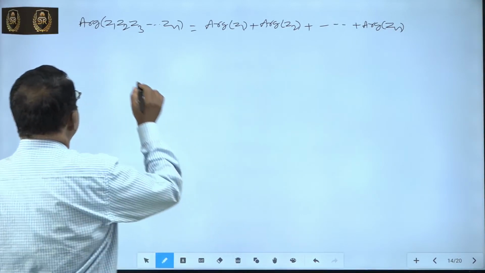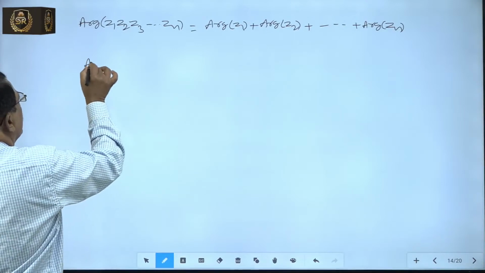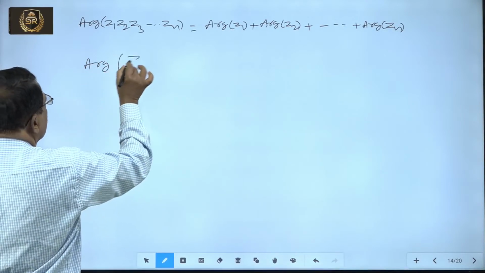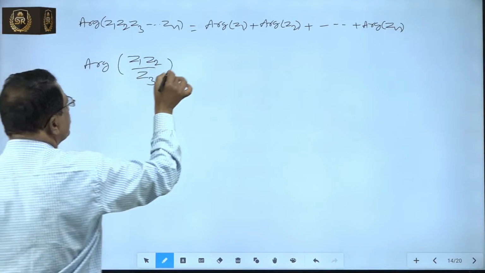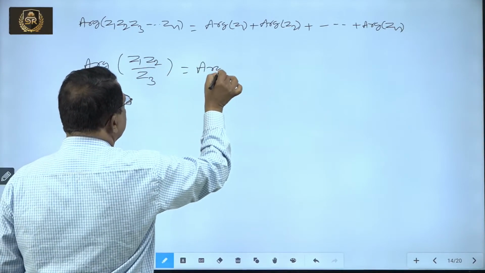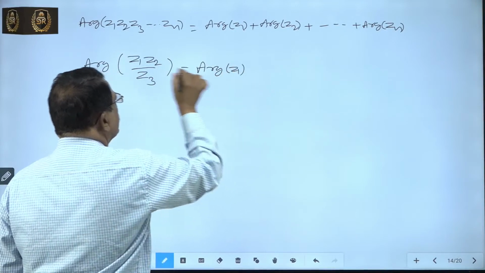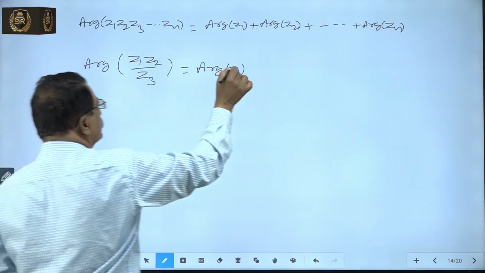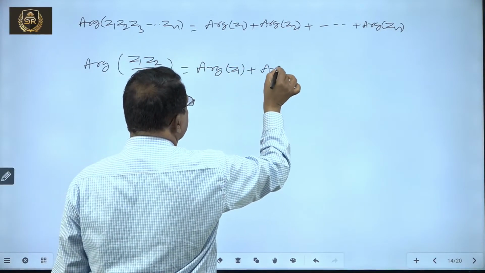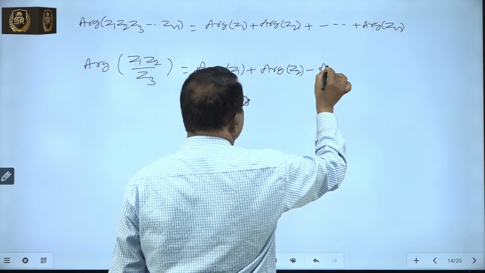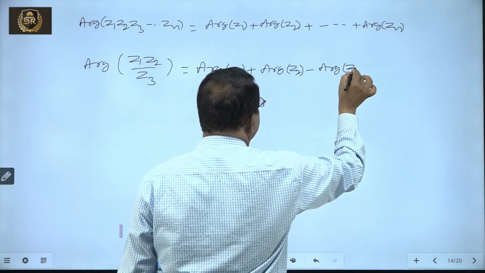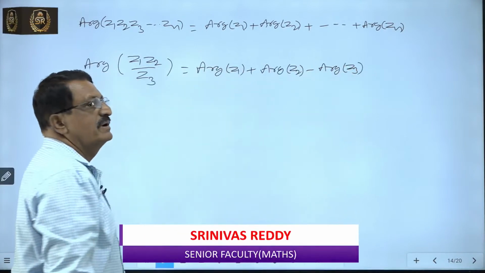Now, suppose argument of Z1 Z2 by Z3 equals argument of Z1 plus argument of Z2 in the numerator, minus argument of Z3.